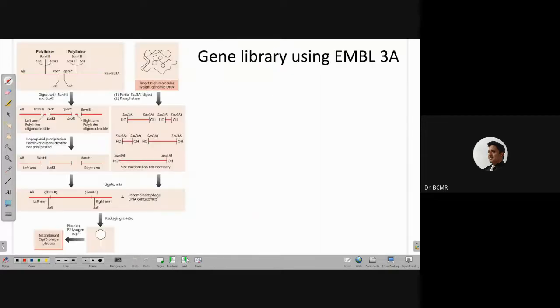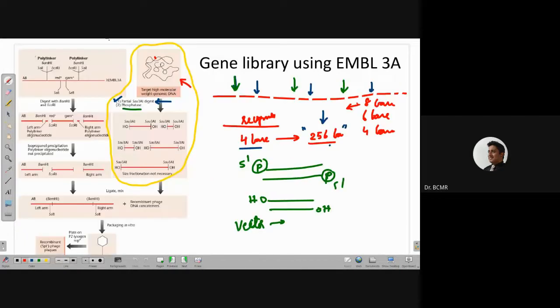Contrary to that, in this protocol we have it different. We are treating the fragment that needs to be cloned with alkaline phosphatase. That is something odd, and I'll try to describe why.